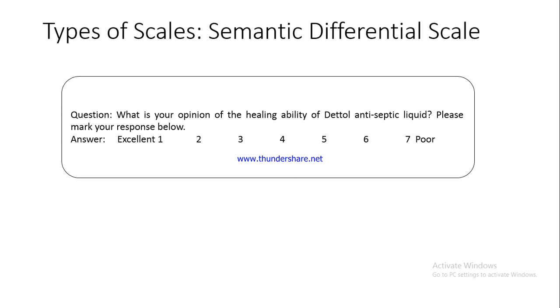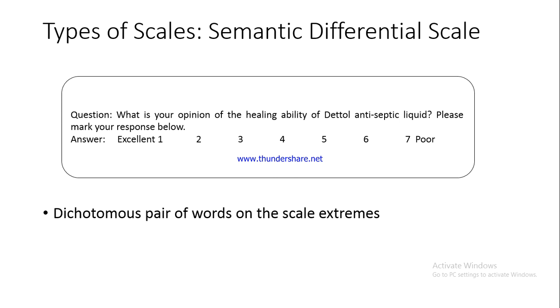Now this is a semantic differential scale because we are using a dichotomous pair of words on the scale extremes. Now what is the meaning of dichotomous pair of words? In layman language you can say opposites. So dichotomous basically refers to the opposite, or maybe a word and its antonym.